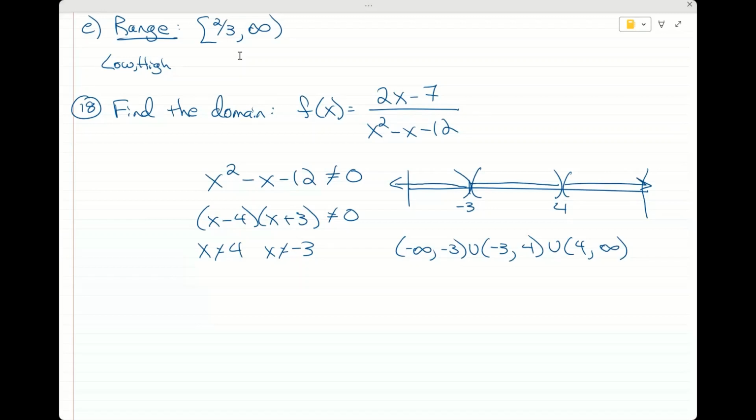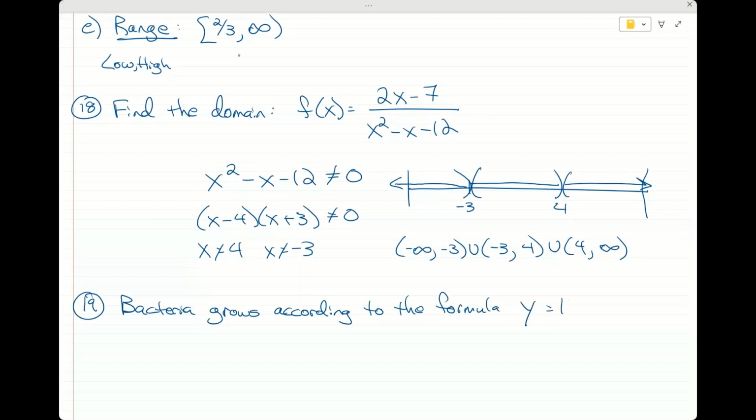So let's say we had a problem like this. Let's say that bacteria grows according to the formula y is equal to 130 times 5 to the -0.2t.